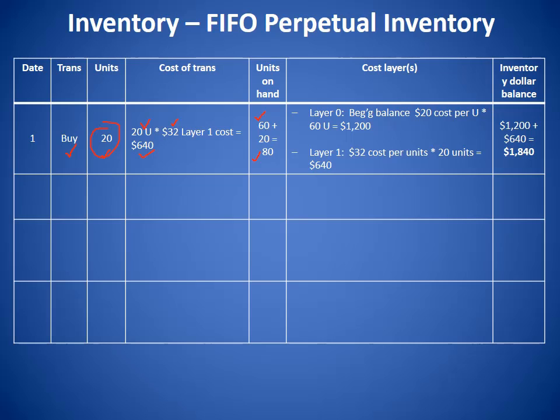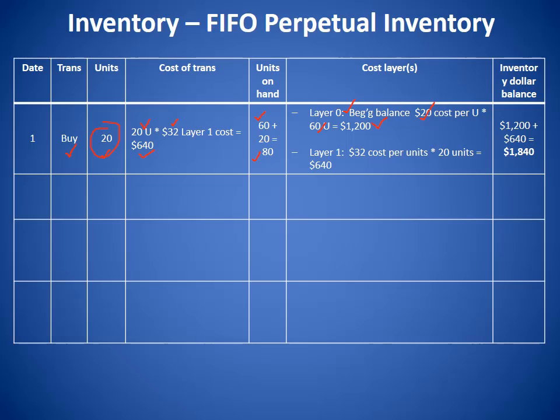Now we can take a look at how we comprise these cost layers in terms of our inventory balance. We start out with layer 0. If you remember, it was $20 per unit times 60 units. So our total cost is $1,200 in layer 0. Now we've added layer number 1.